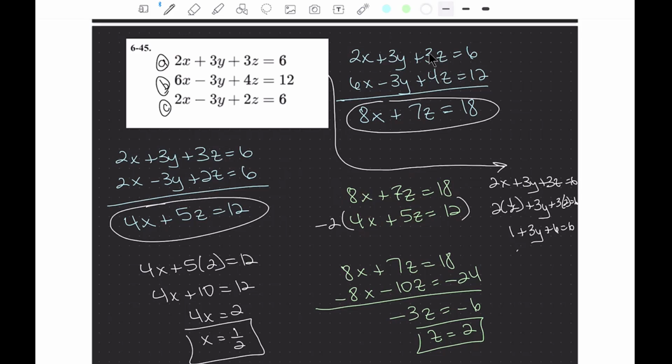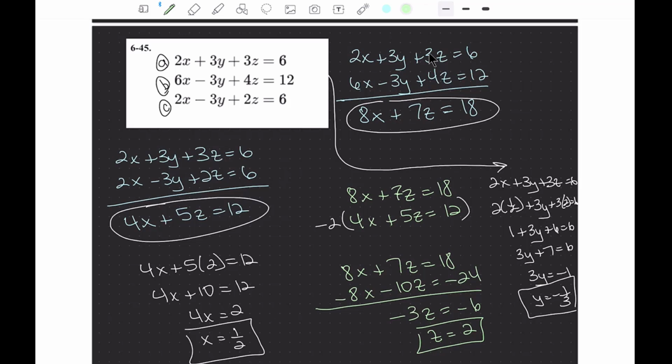So what do I got? 3y plus 7 equals 6. Subtract 7 from both sides. 3y equals -1. Divide by 3. Y equals -1/3. Right? So now I have all three of my variables. So last but not least, I just have to write it as that ordered triple.